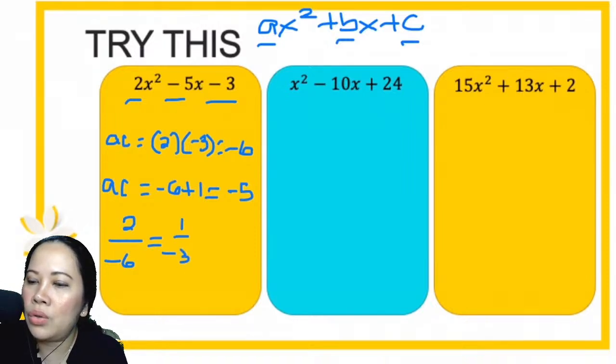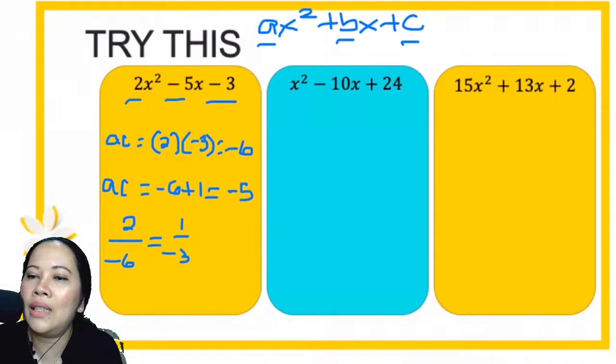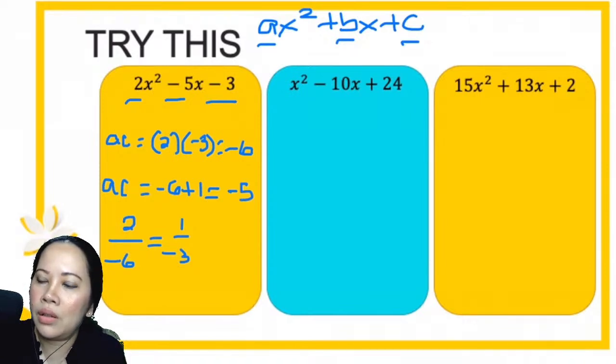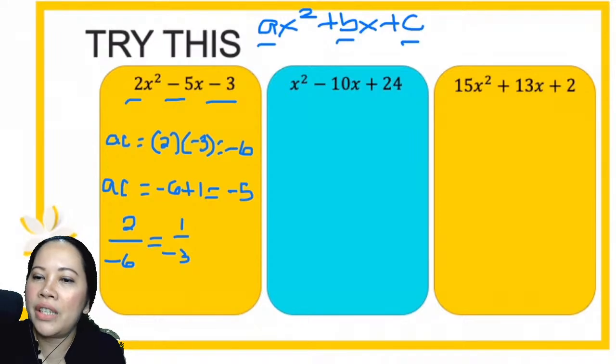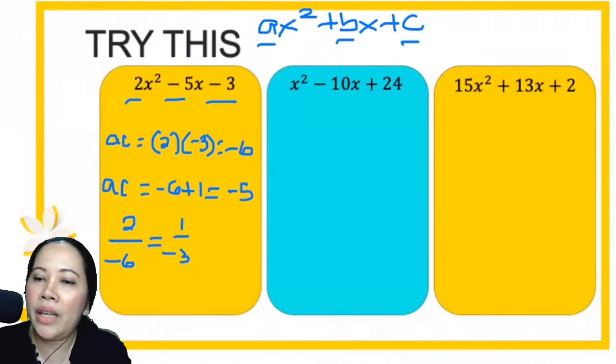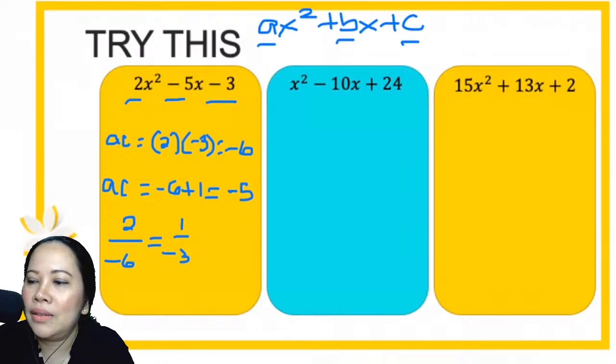Not 3 and 2, because it's negative 3, Ma Blanca. If it is 3 and 2, you won't get the middle term. Okay.